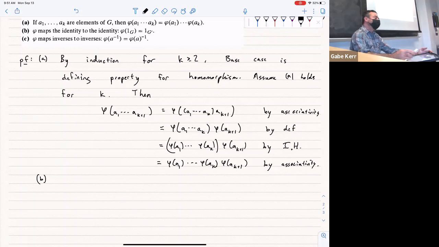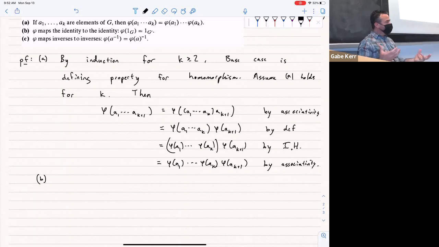This is a trick you get used to as you get more comfortable with groups: the identity is the only element that, when I compose it with itself, gives the identity. That comes from the fact that I can cancel it on both sides. So it's the only element that will do that, and when you know that, you can just use it.